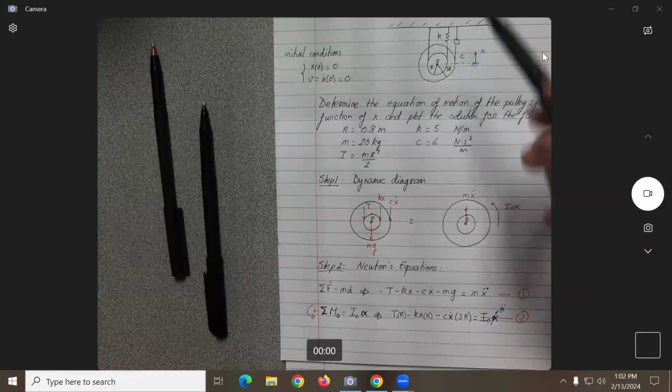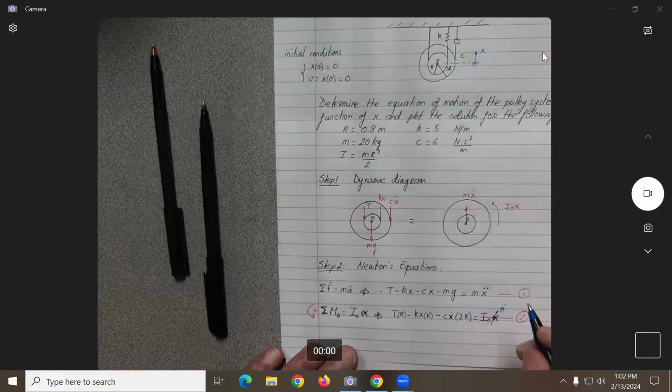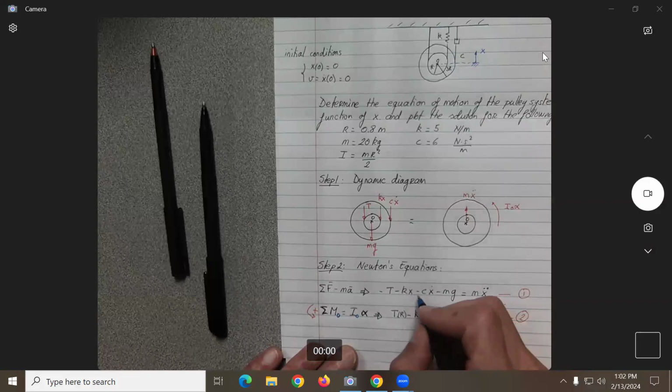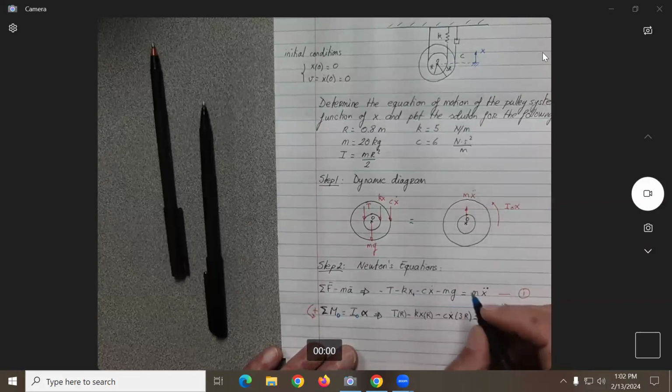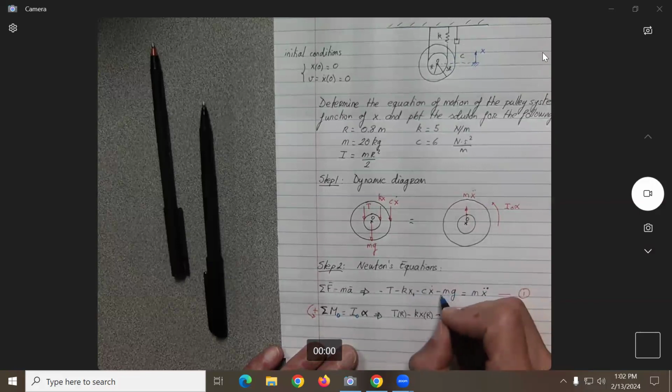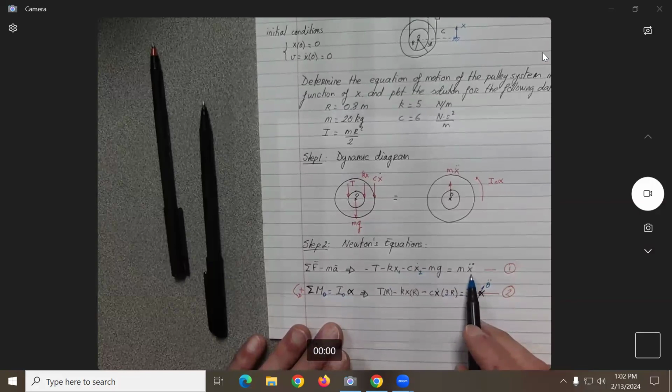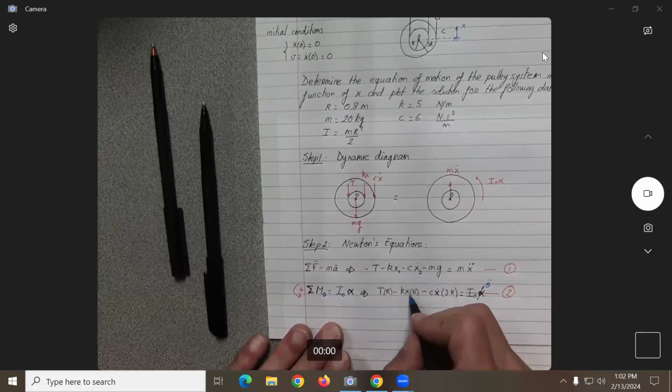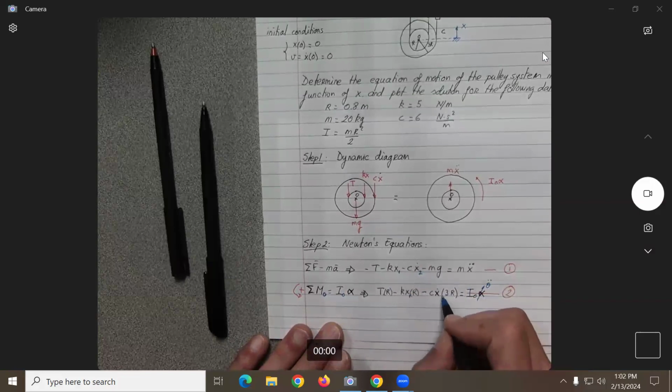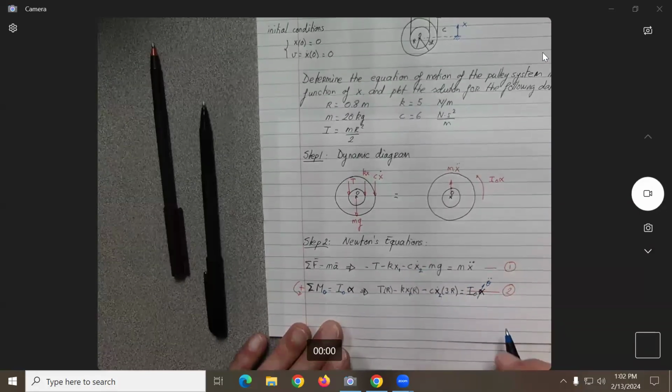So let's call this one KX1 and this one CX2, and this is the original X. So here we need to be careful. This will be KX1, and this will be CX2. Do you understand?